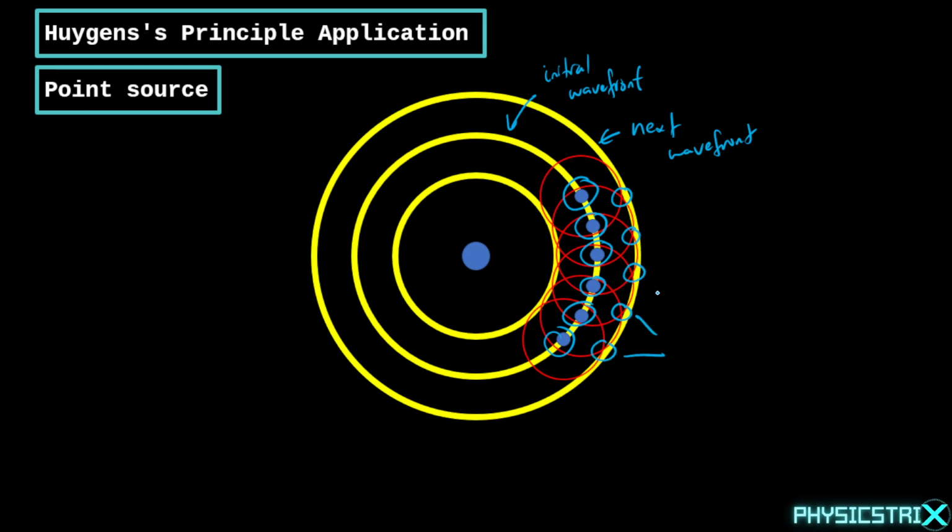These points are where they constructively interfere, and that constructive interference is going to form your next wavefront. So that's the idea of Huygens principle, or at least that's the application of it.